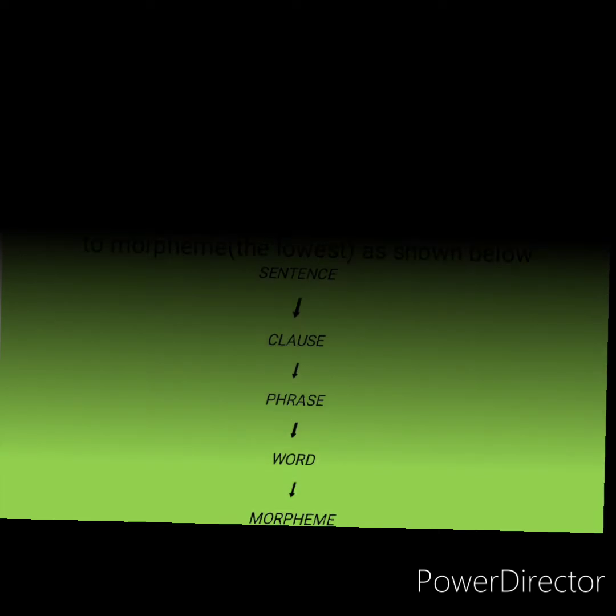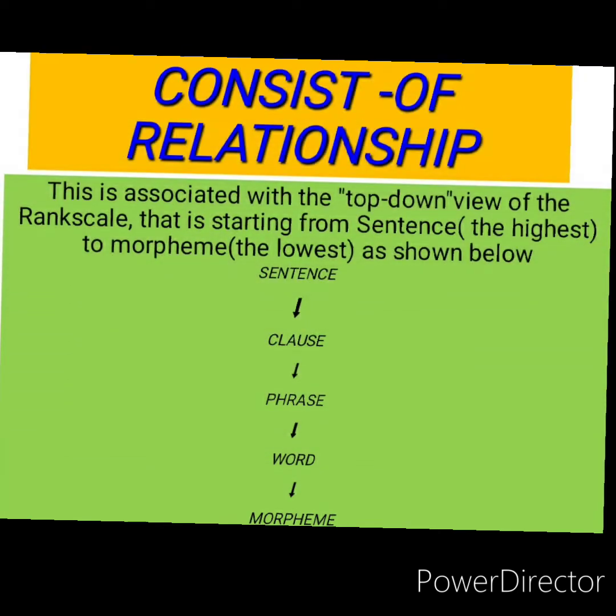And now, since we are done with the relationship regarding it, let's look at the first relationship, that is the consist of relationship. Now we said this is associated with a top-down view of the rank scale, that is starting from sentence, which is the highest, to morpheme, which is the lowest on the rank scale, as shown in the diagram below.